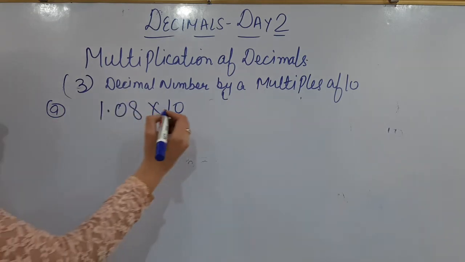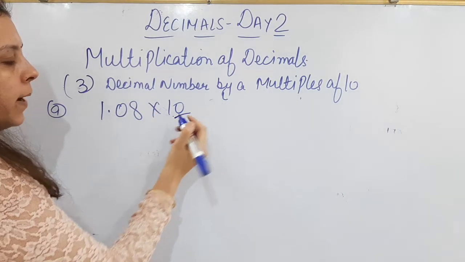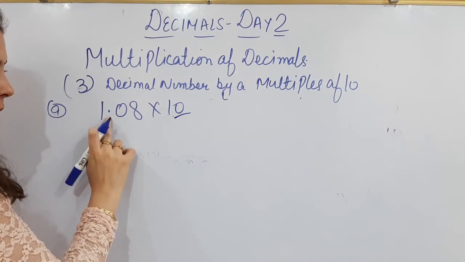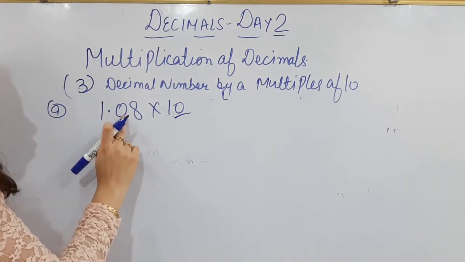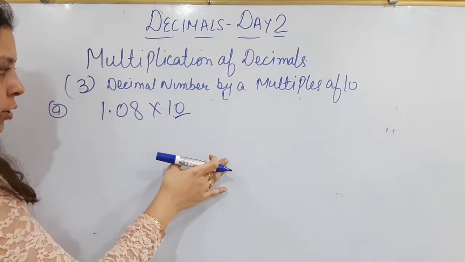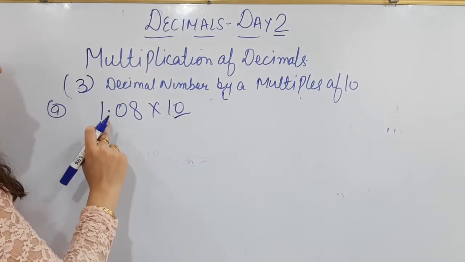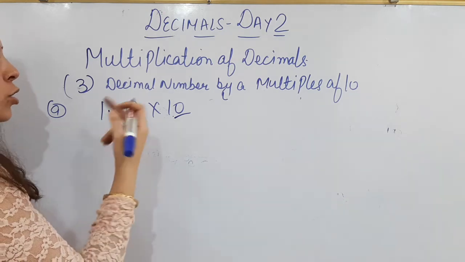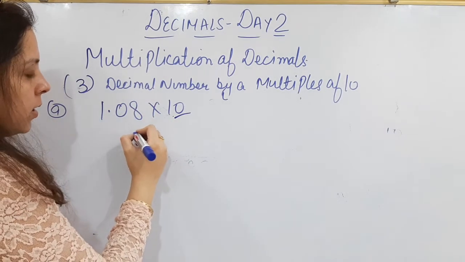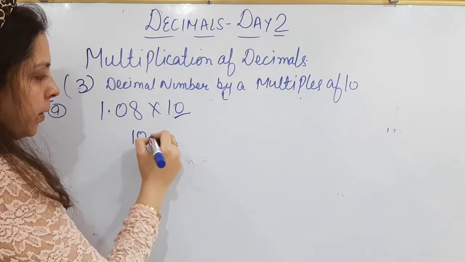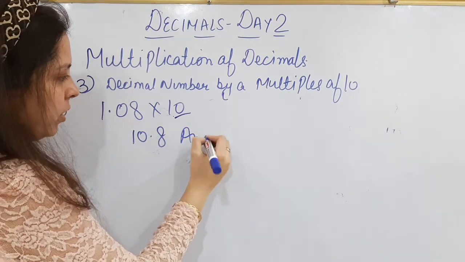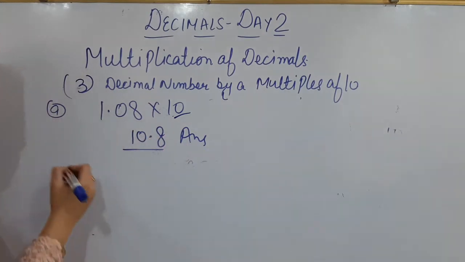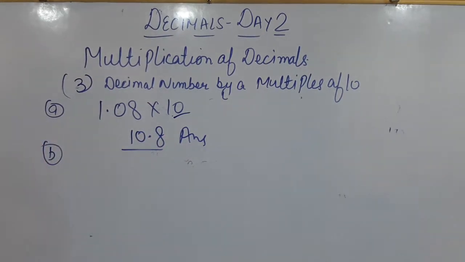While multiplying we shift the decimal one digit to the right. So the answer will be 10.8. You can do it verbally, no need to do long multiplication.